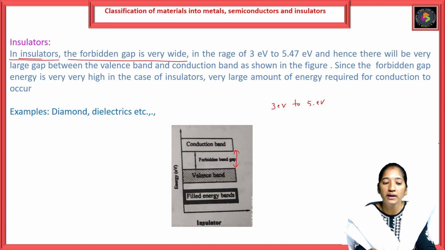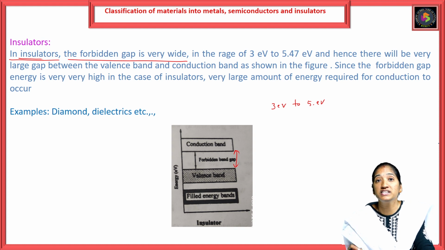Since the forbidden band gap is very high in the case of an insulator, a very large amount of energy is required to produce conduction, or to produce the electric current, in the insulators.